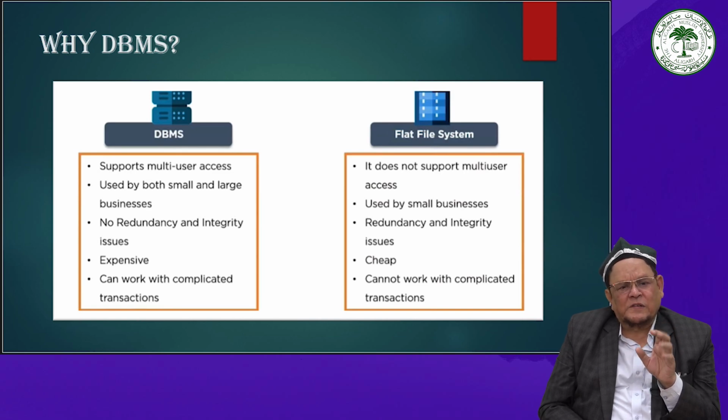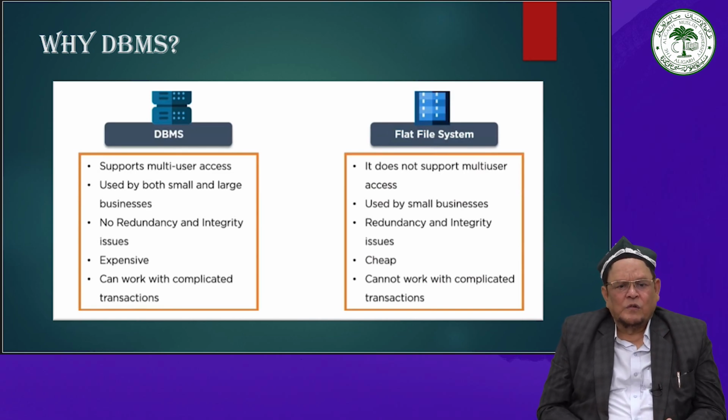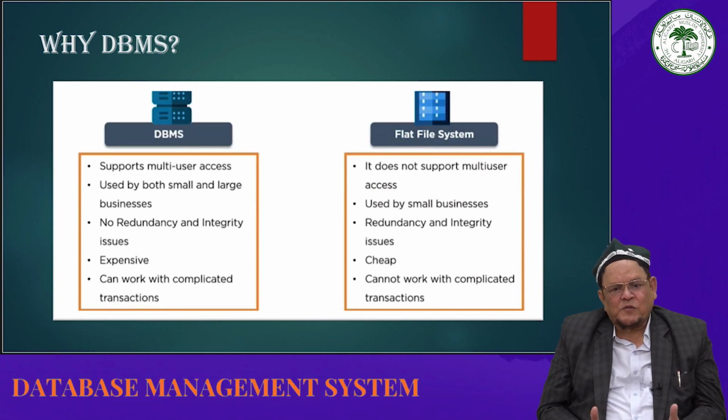Why do we use a database management system? What does a database do? It is a bit like your friendly librarian. It keeps track of who borrowed which books and ensures everything is well organized on the shelf.